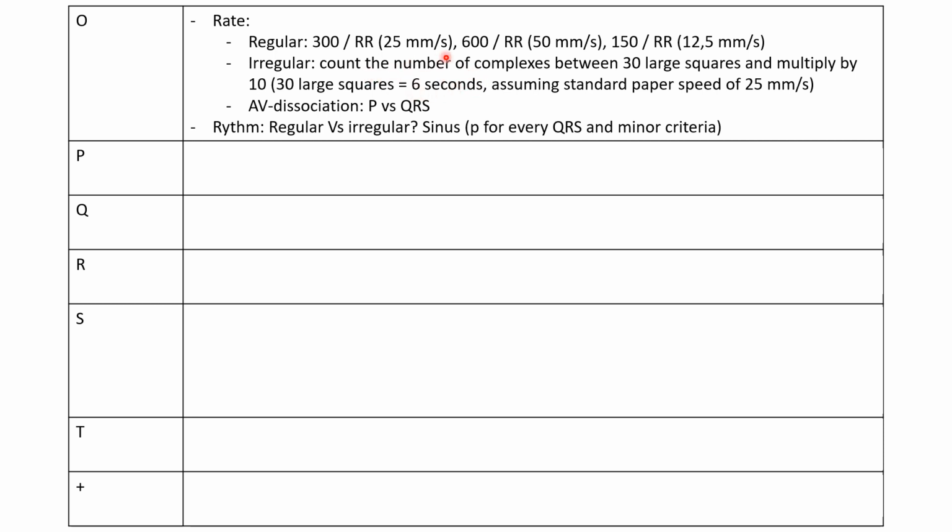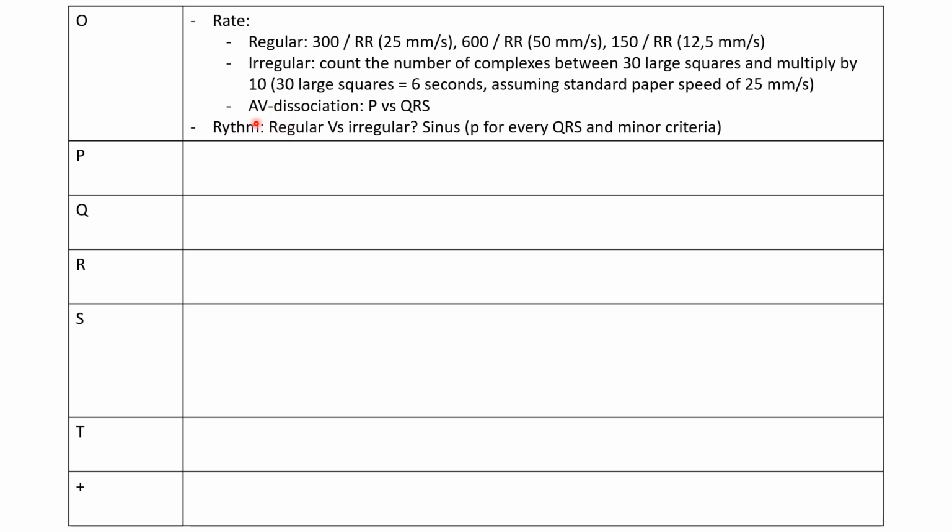And then you have beats per minute. And if you have AV dissociation, then you also have to measure the P rate and the QRS rate, right? So usually you'll see a QRS rate maybe of 30 to 50, a junctional rhythm, and you'll see an atrial rhythm with a frequency of maybe 150.